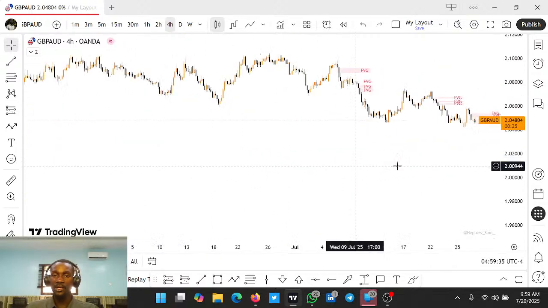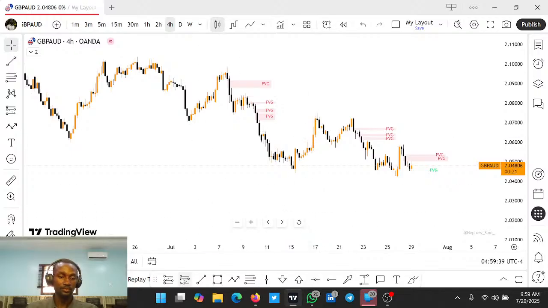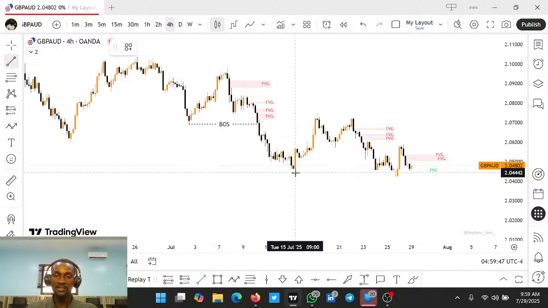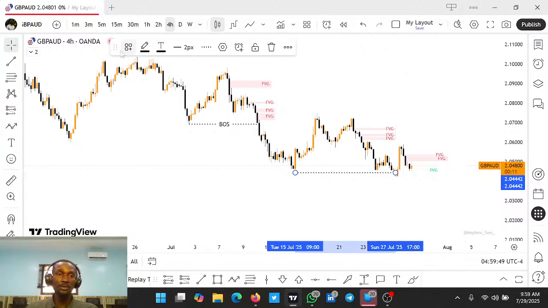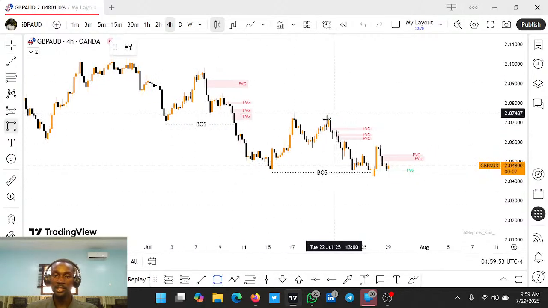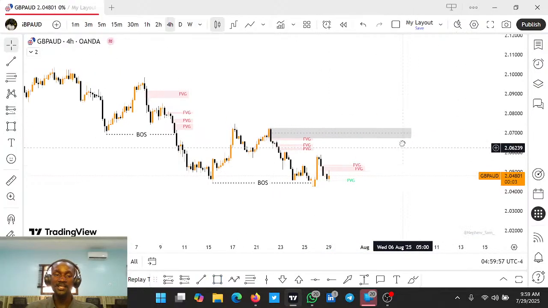On the 4 hour, let's do a quick breakdown. We're having breakout structures towards the downside, and this is the recent breakout structure. So look for the origin that gave us this breakout structure, and this is the origin here.